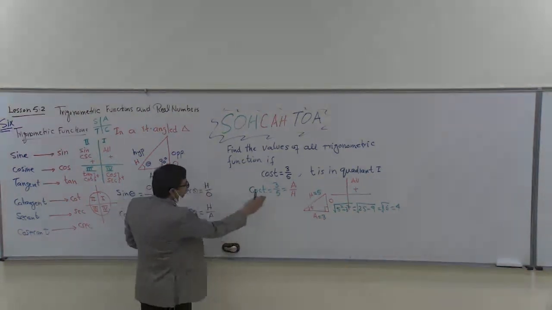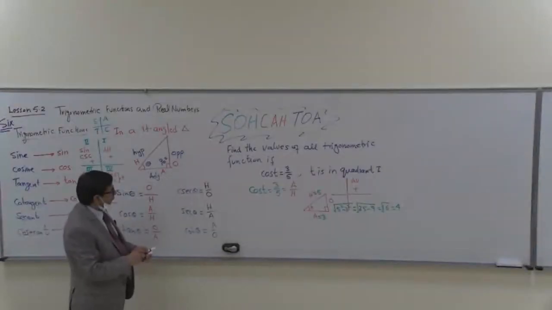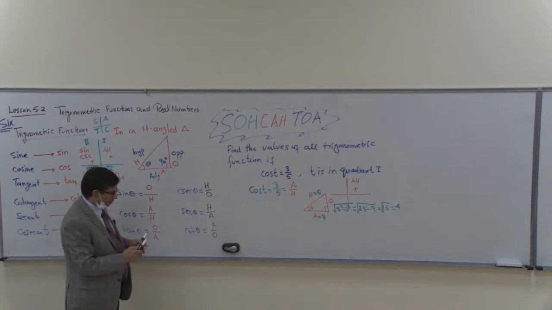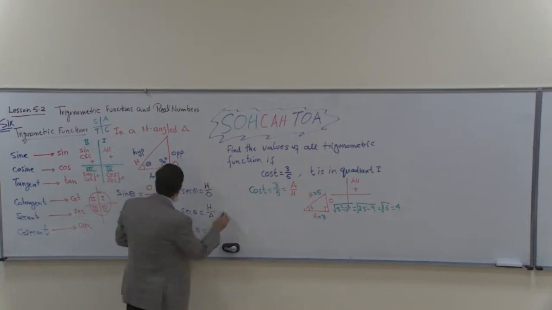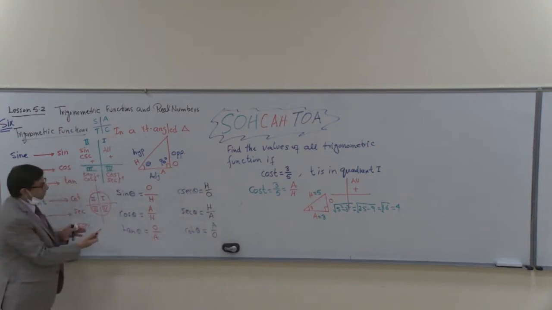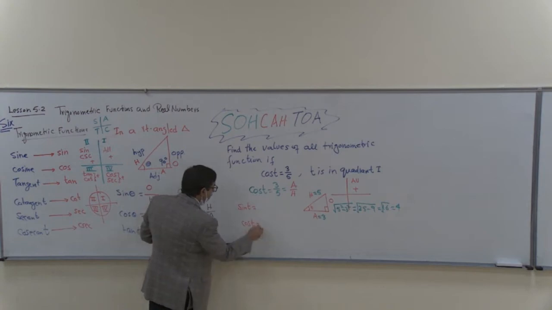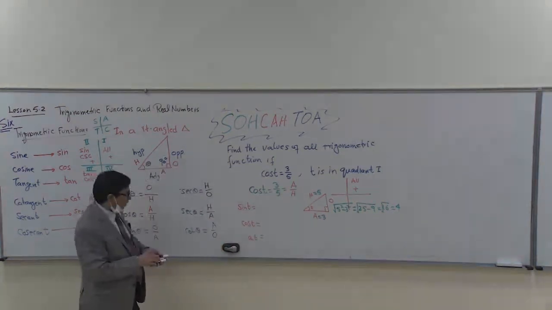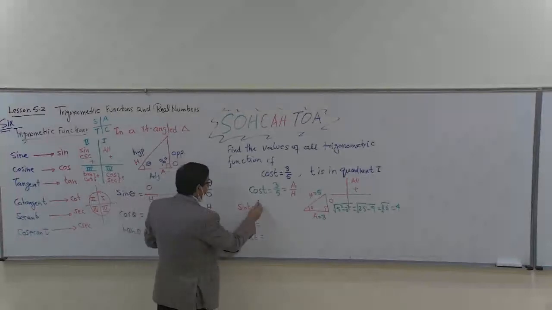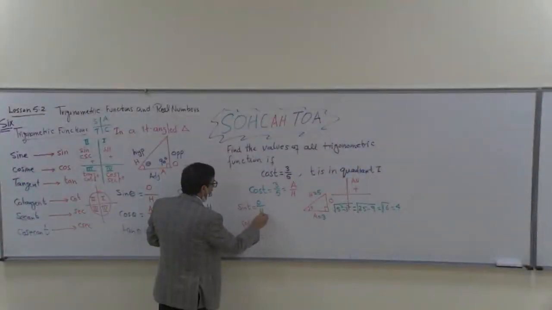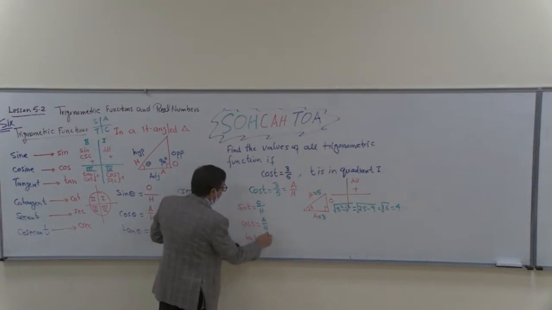Now here, we know these trigonometric functions very well. Cosine is given and we have to find the remaining trigonometric functions. I write here functions in the same way every time I will be writing. Okay? So right over here, sine t, cosine t, tangent t. And if you want to write the formula, write down SOH CAH TOA.